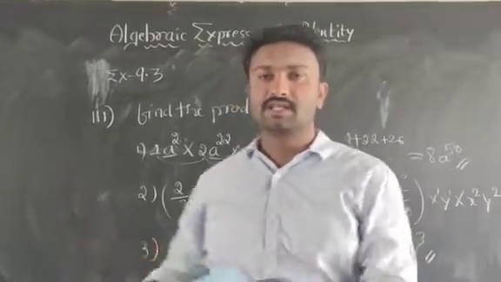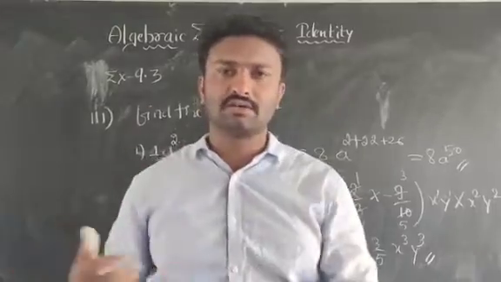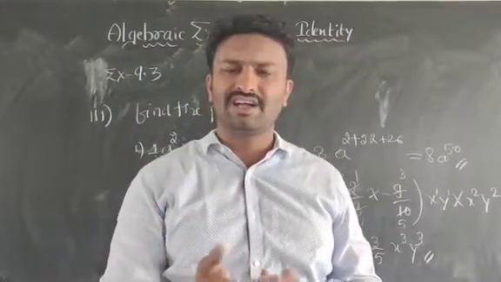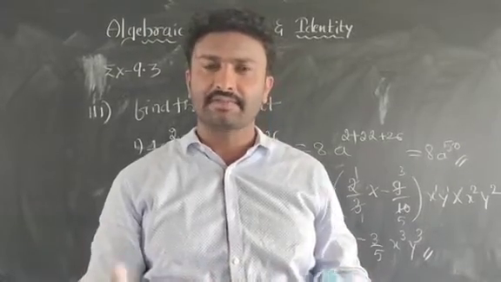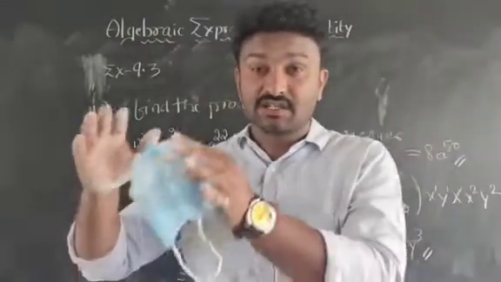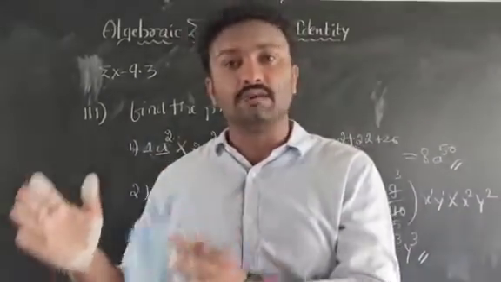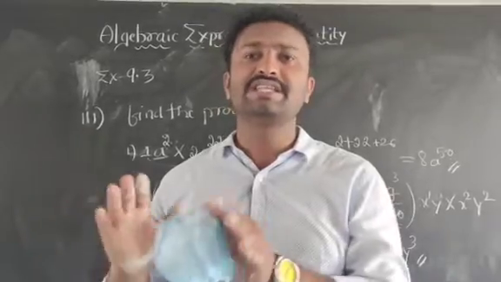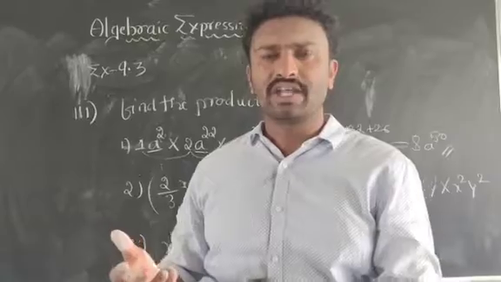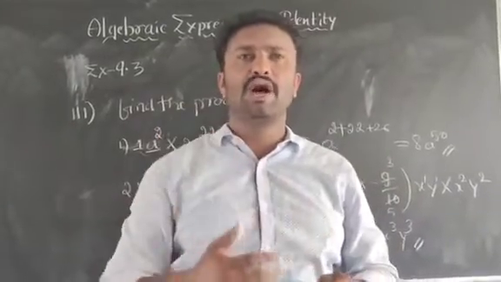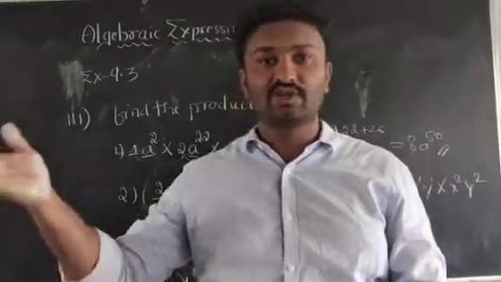Okay? Please sit somewhere, watch the video again and again. Any doubt, just clarify your doubt. I think you will not have doubts in addition and subtraction. In addition or subtraction, first you have to group like terms, then it becomes much easier for you people. And in multiplication, you need not worry. Just multiply, and remember the first law of exponent: a raised to m into a raised to n is a raised to m plus n.